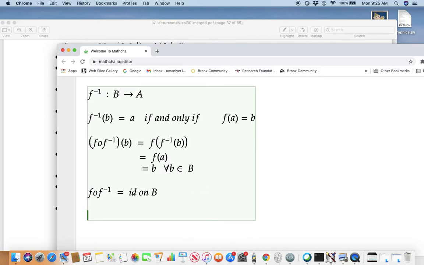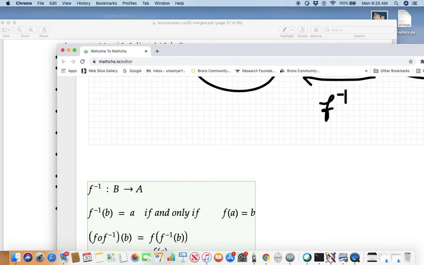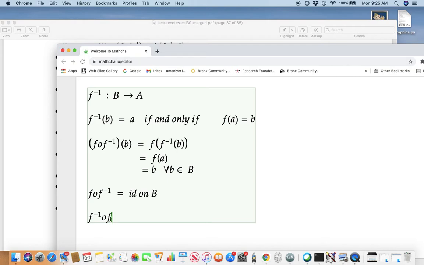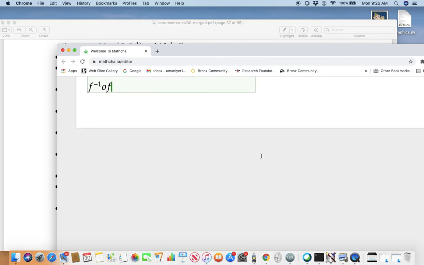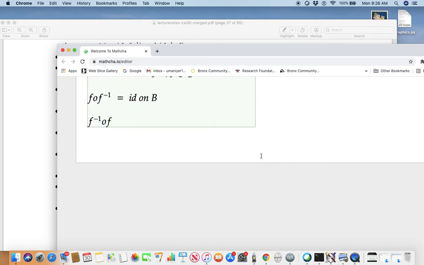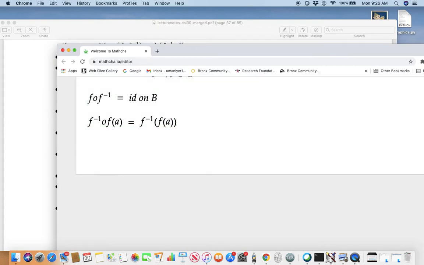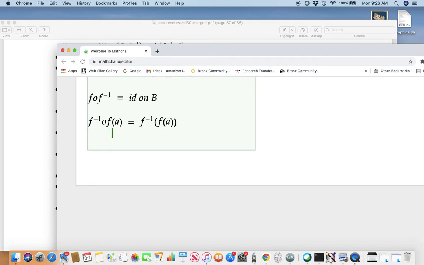Likewise, let's look at f inverse ∘f. So first f, then f inverse. First f means you start on an element a. So f of a, let's see, f inverse of f of a. Well, f of a is some element b.